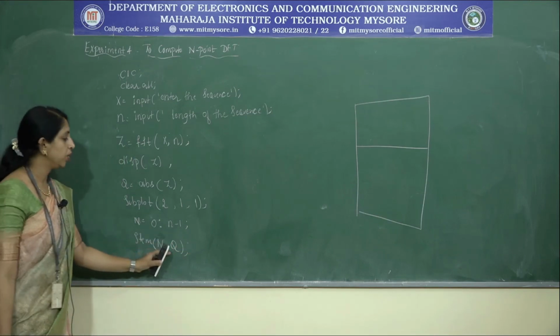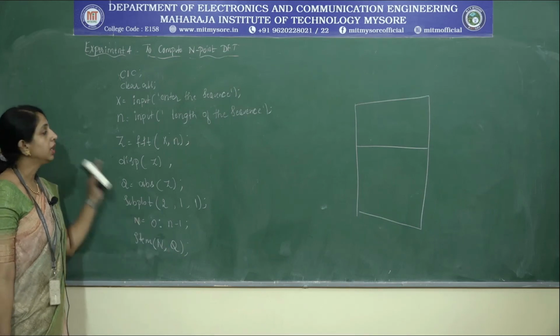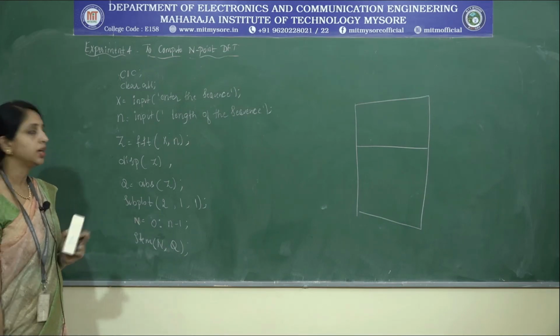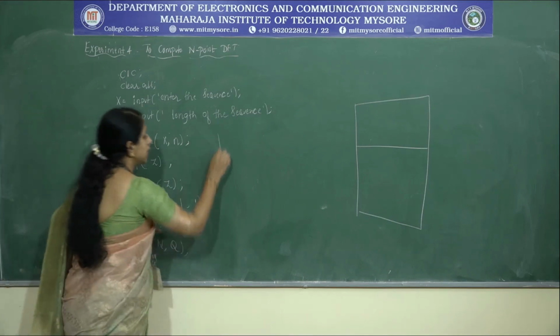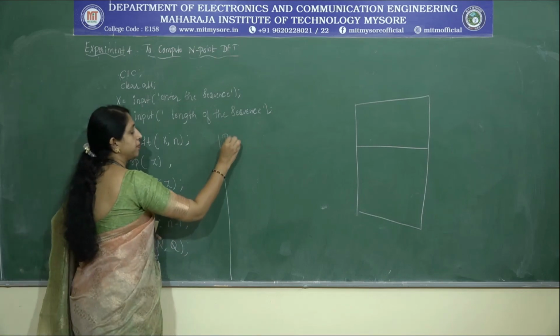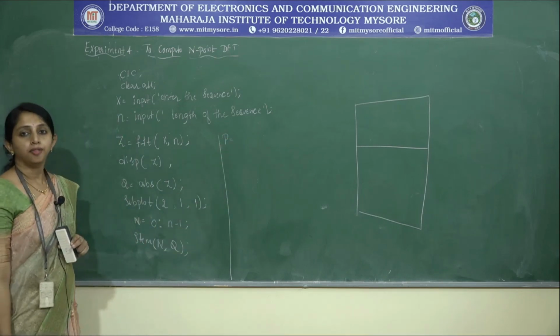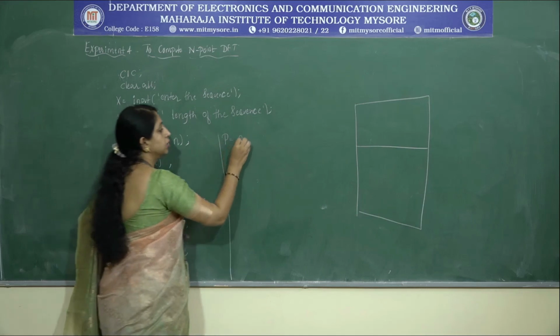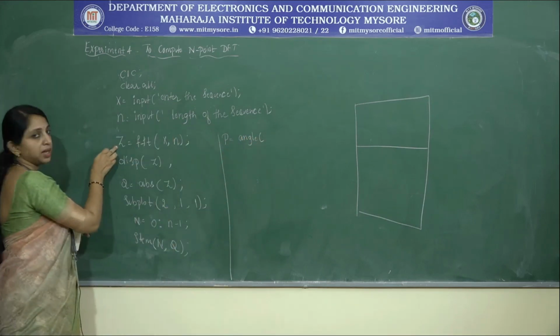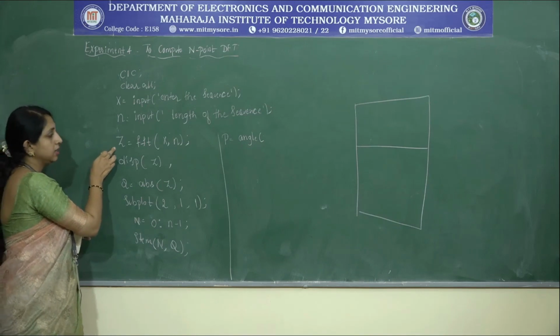This will give you the magnitude of the DFT. Then you can also give the angle of it. I'll assign it to another variable, P. The phase value will be taken through the Matlab function angle of Z, where the DFT has been stored in Z.